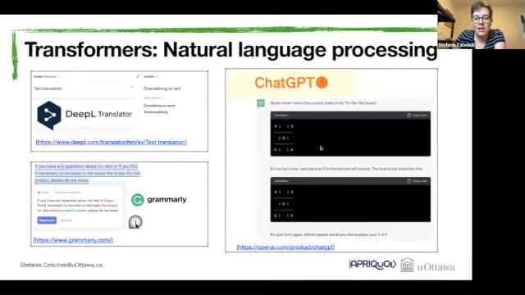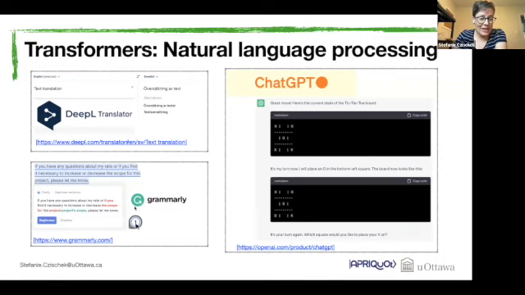And the reason why we are looking into transformer models now is that we have seen recently that they are extremely powerful, especially in tasks of language processing, where we have all seen them a lot. I'm pretty sure every one of you has seen a lot of these applications as well. Just to name a few examples, the DeepL translator, which is based on a transformer, is a really impressive tool you can access online, where you can translate text from pretty much any language into any other language.